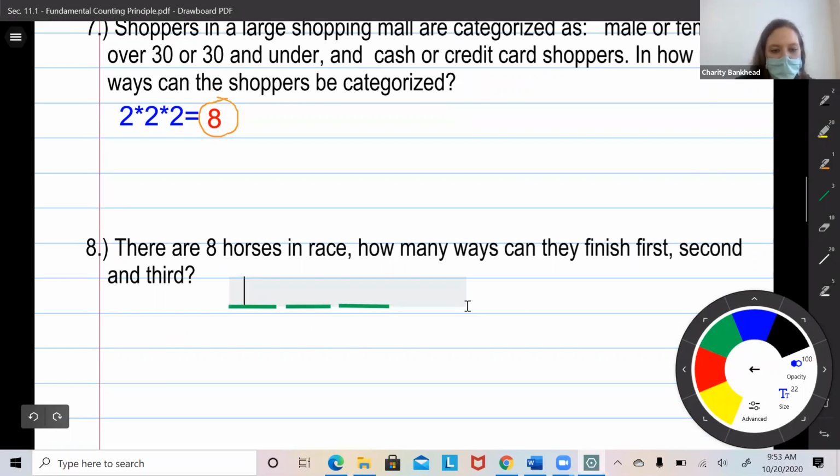So after that, whichever horse comes in first, there are now 7 horses left who could possibly come in second. And after that, there are then 6 horses left that could possibly come in third place. So we have to multiply 8 times 7 times 6, which is 336.